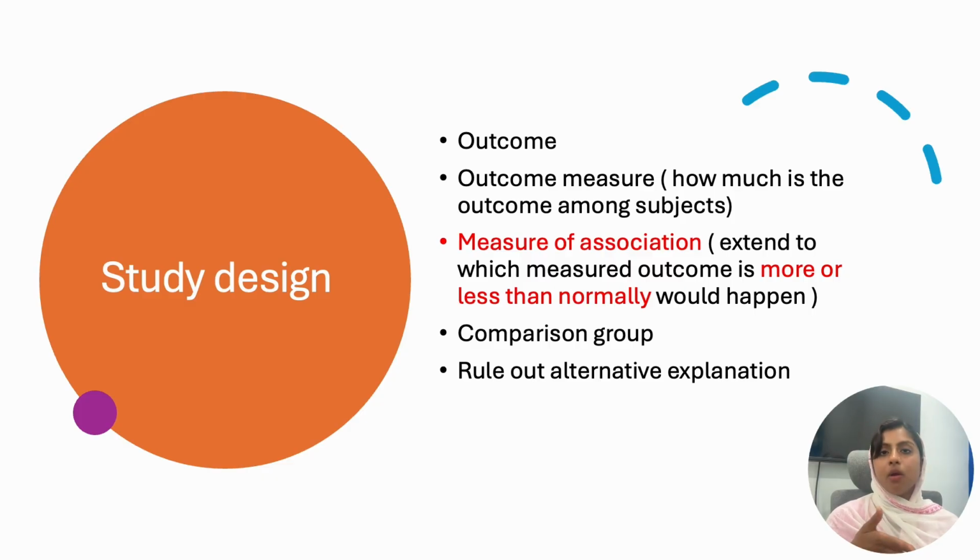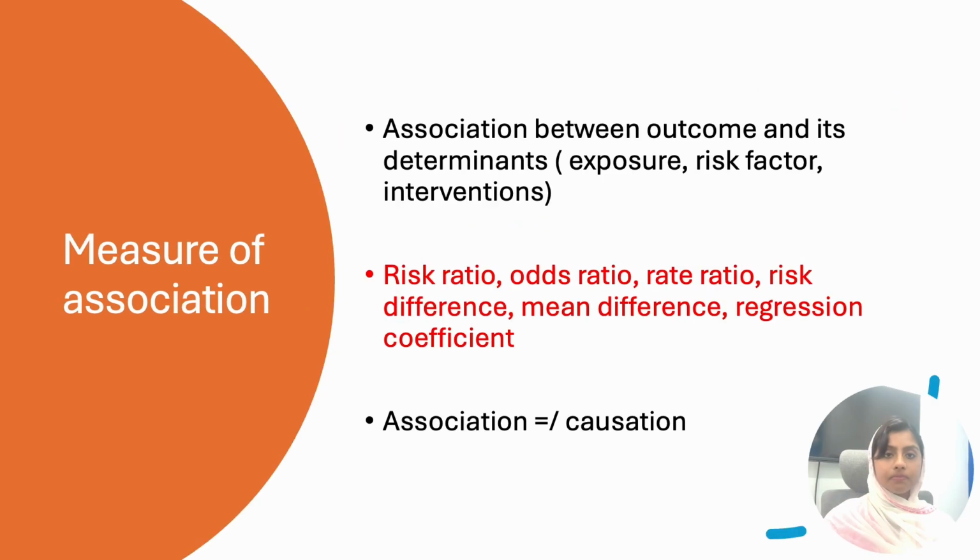Probably there is a problem with that, or it can be because of confounding. These are factors that can determine the outcome, but they are unequally distributed in the two groups, so they have an influence on the outcome, due to which you find an association. So you always need to rule out chance, bias, as well as confounding.